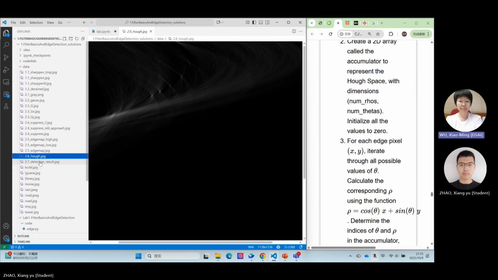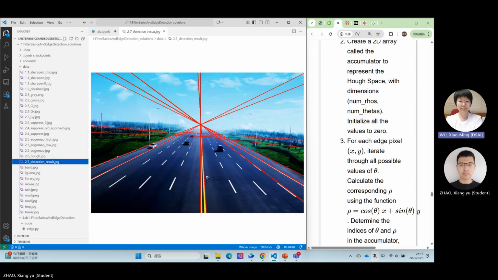We can use red lines to represent the points in the Hough space, and we get the final result. We can see that all the lines are the straight lines in the edge maps.